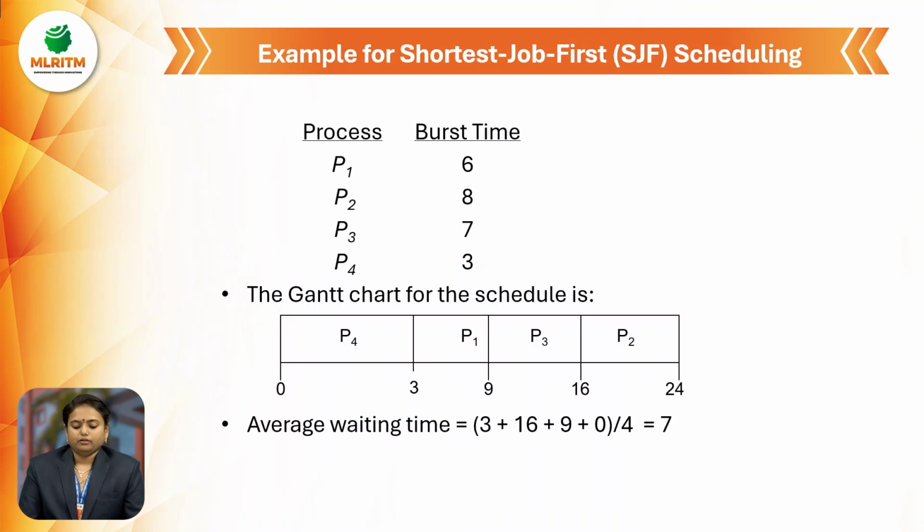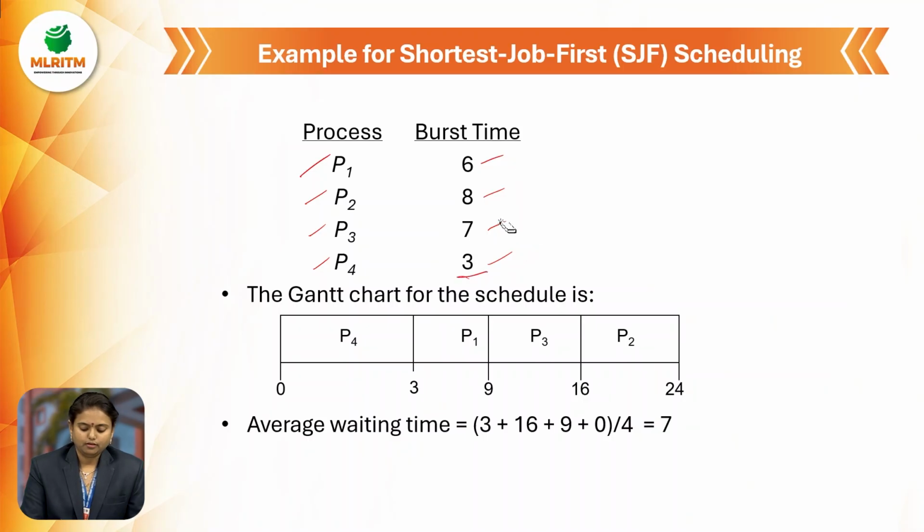For example, here we have taken process 1, process 2, process 3, process 4, four processes as an example, and burst times are 6, 8, 7, 3. So in this, what is the shortest burst time here? 3.